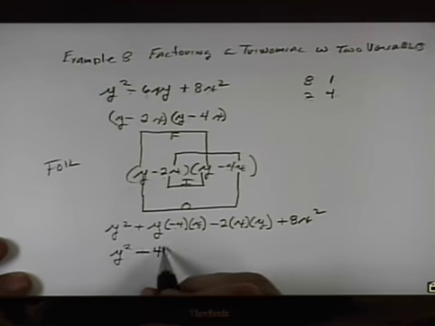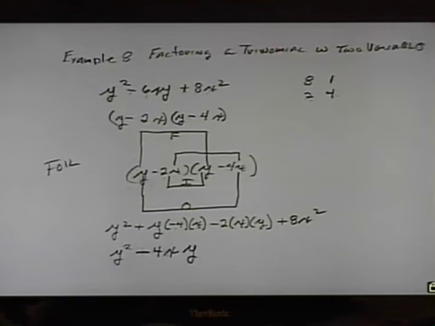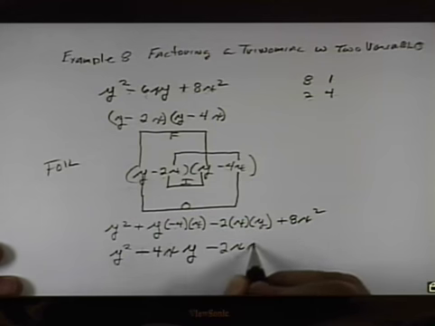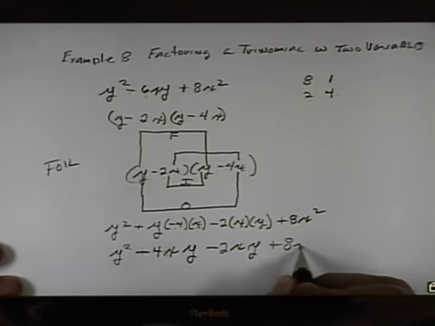We'll write our x next, always make the x next, and then y. You don't have to do that, but if you follow that rule, you'll always do it the same way, and you'll always recognize which ones you can combine. So the number first, minus 2, the x second, and then the y, plus 8x squared.